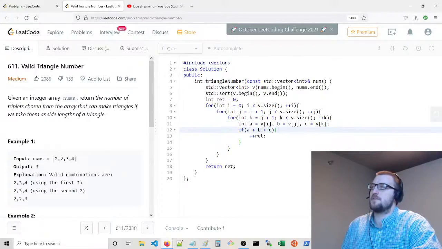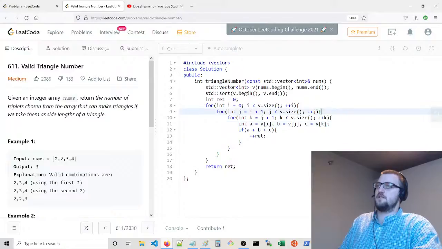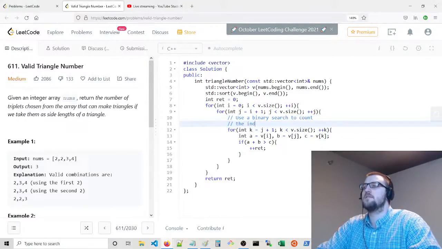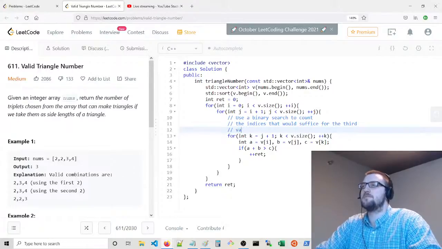So we can do upper bound, use binary search, find, count the indices. Variable. Binary search to count the indices.